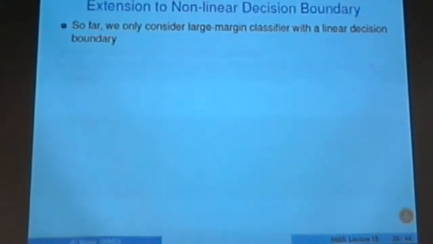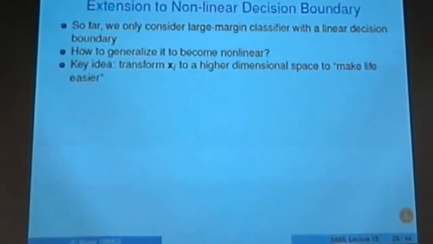So we have seen so far the linear decision boundary, and the generalization to become nonlinear. The basic idea is transforming your feature vector. This is why the AI community talks about the distinction between feature space and input space. Input space is the original variables, and feature space is the original variables after a certain transformation, that is, the transformed values of the original variables.